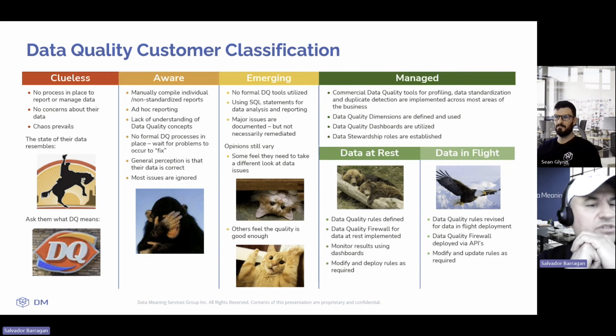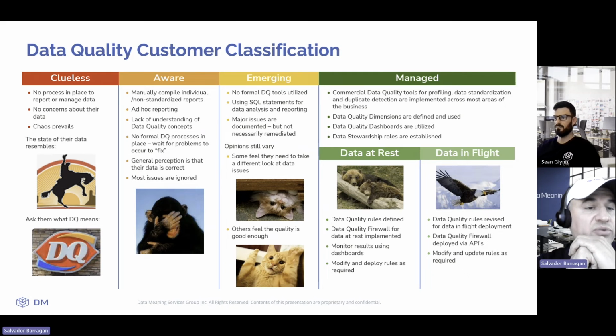The next phase of what I would call the maturity life cycle of data quality in terms of a program is awareness. And here's where you're aware that you definitely need data quality. You have some sort of understanding of what data quality is. However, there's really no formal processes. Everything's done in an ad hoc manner.